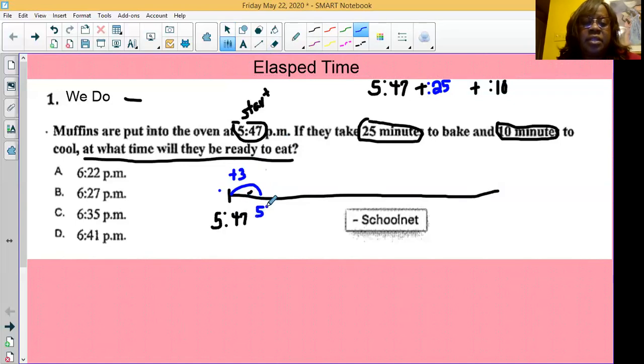So adding 3 minutes makes it 5:50. Now I forgot to put my M right here. So I'm going to pause right there and let you catch up. Remember, we're doing 25. All right, so we're at 5:50.